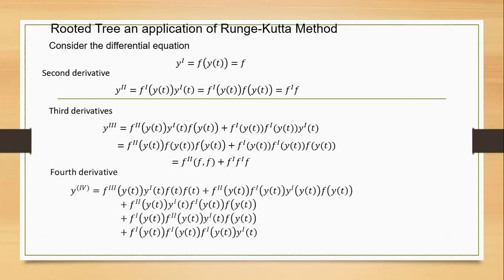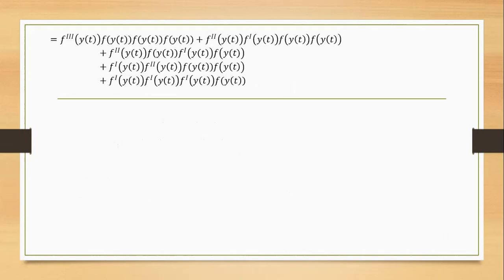But let's just get the derivation first, how we come about those trees. This is just normal differentiation of higher order. At the end of the day, the fourth derivative is going to give me f prime prime f comma f comma f plus f prime prime f prime f comma f plus f prime prime f prime f plus f prime prime f comma f plus f prime f prime f prime f.